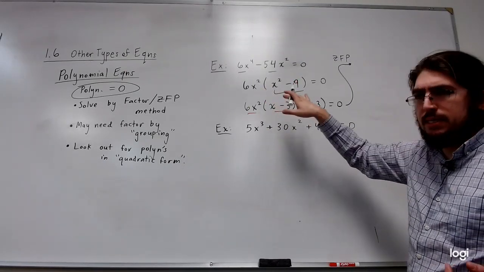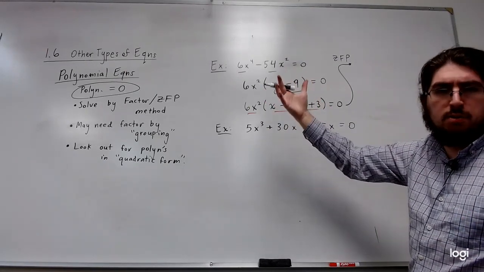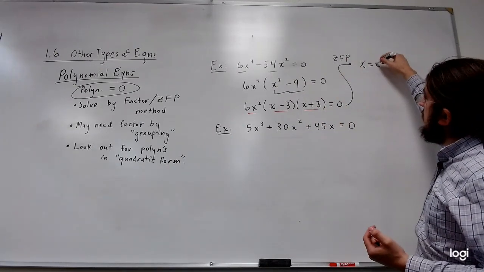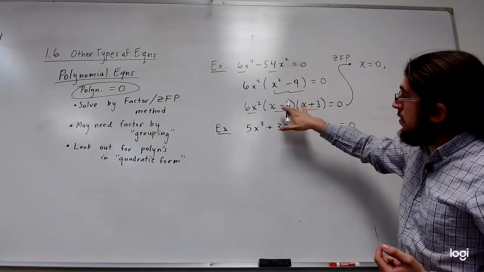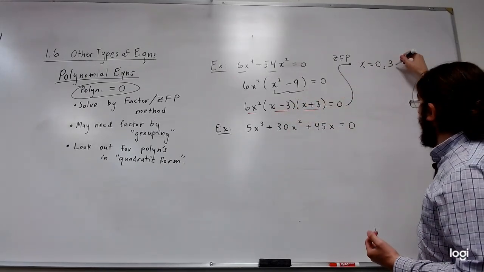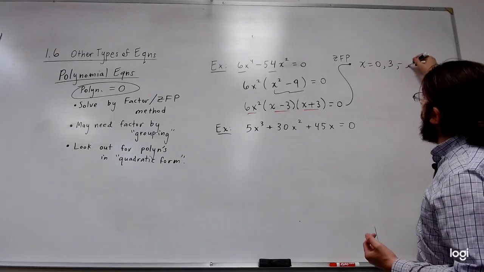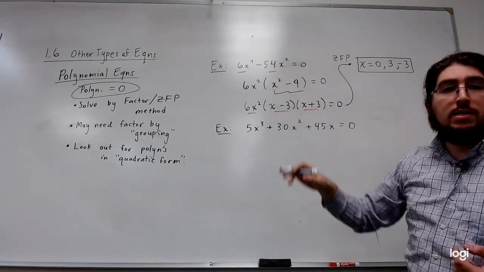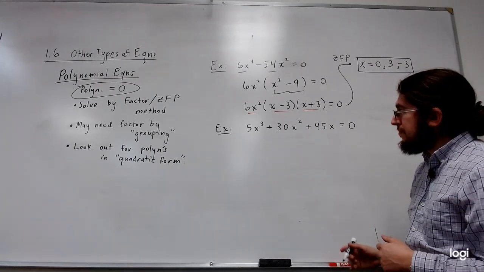You can see divide by 6, x squared is 0, square root of 0 is still 0. So for the first factor, we get x is equal to 0 as the solution. Here, we know how to do this. Change sign, opposite sign. We get positive 3. Same thing here. We get negative 3. So these are our three solutions. You can check by plugging them into the original equation, but yeah, they work.